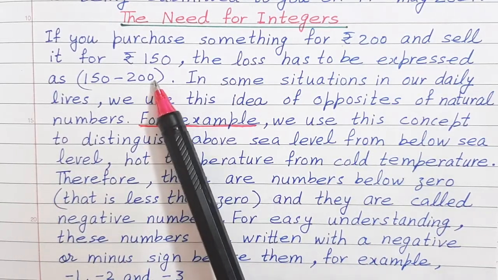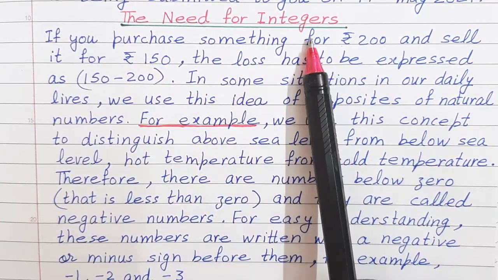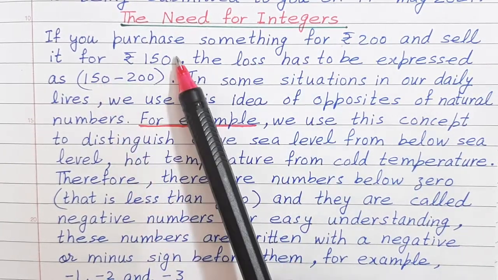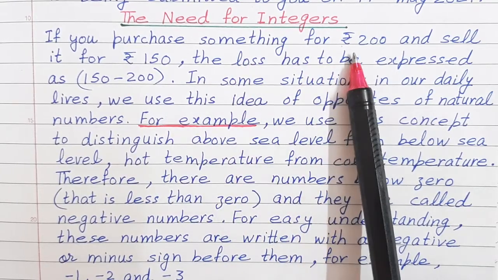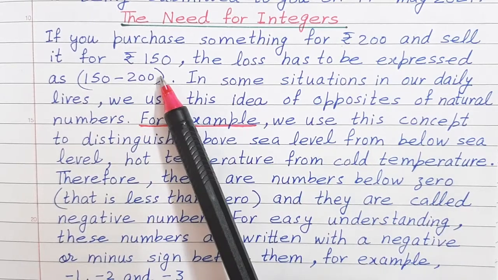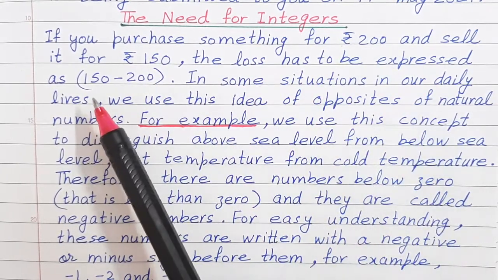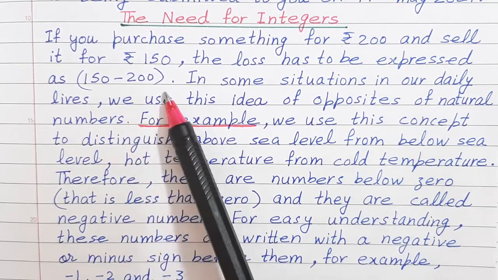Now, children, let us discuss what is the need for integers. If you purchase something for rupees 200 and sell it for rupees 150, the loss has to be expressed as 150 minus 200, that is minus 50.